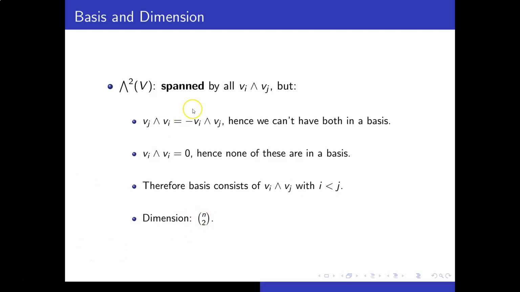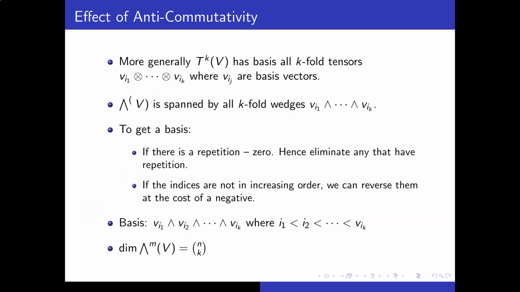Okay, now note all of this was the effect of anti-commutativity, and there really wasn't anything special about looking at 2. More generally, if I look at the k-fold wedge, and there's a typo, hold on. Okay, so the k-fold tensor power is spanned by all k-fold tensors where I take each one of these from the bases.